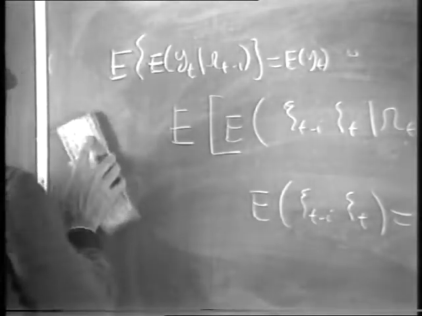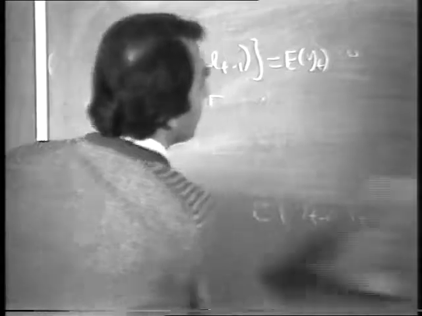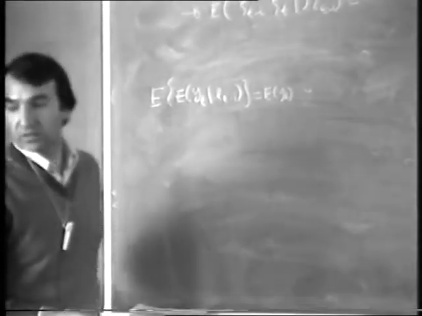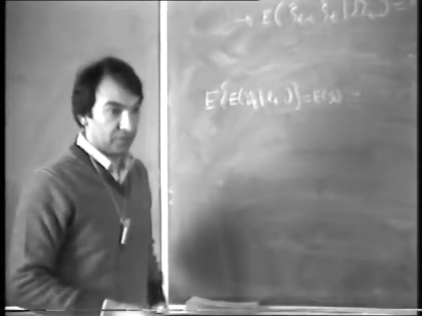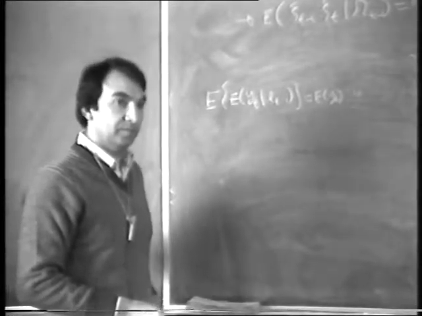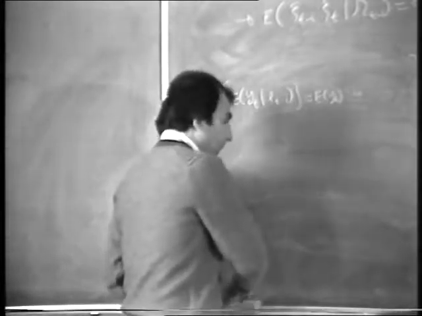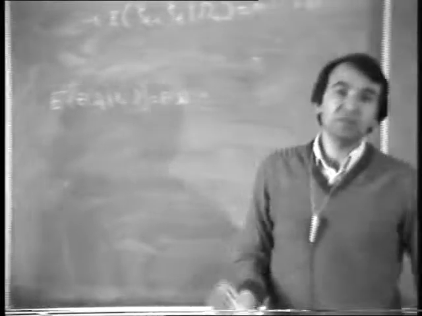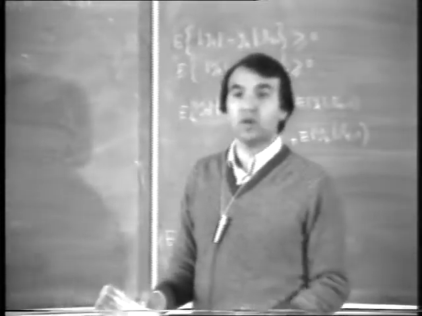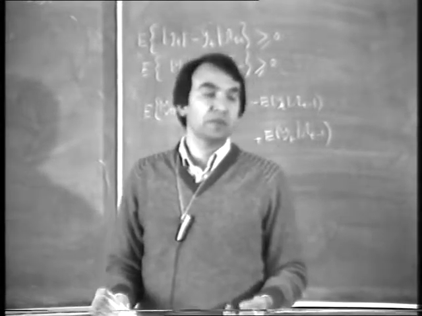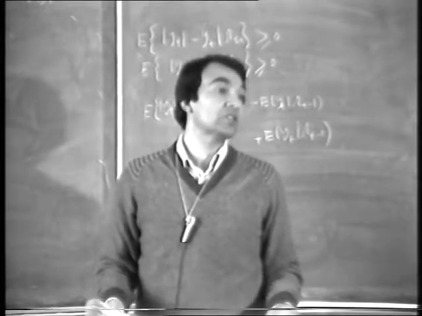I forgot to include it there. This is valid for all cases, a general property of conditional expectation. Okay? Now, as I said, these properties we are going to use both for solving rational expectation models, but they are also important when we come to test the efficiency hypothesis.